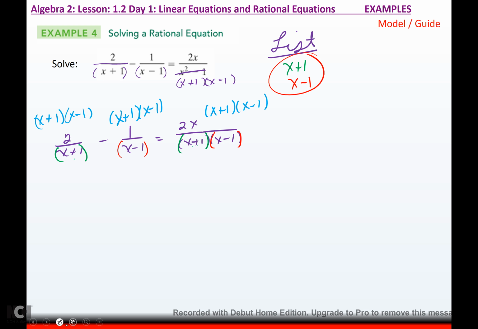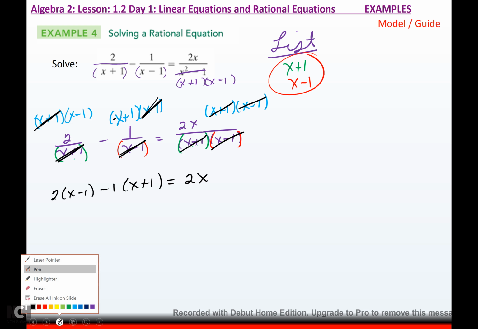So now we cancel. On the first one, the x plus 1 is going to cancel. Second one, the x minus 1s are going to cancel. And on the third one, they're both going to cancel. So if I multiply what's left, I have 2 times x minus 1 minus 1 times x plus 1 equals 2x. No more fractions.